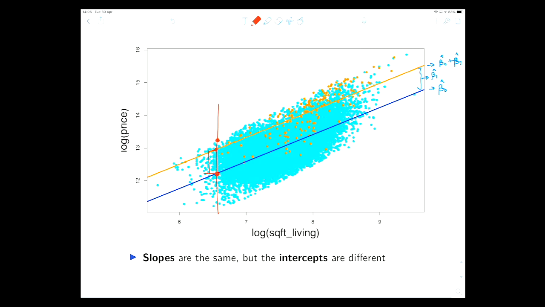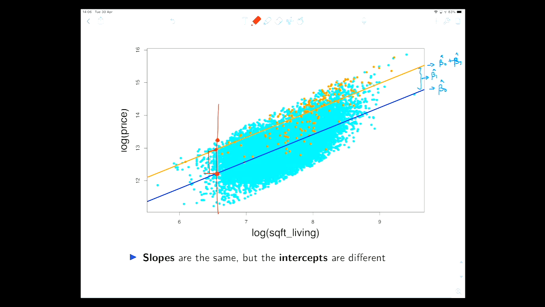And that's the effect of having a waterfront. Although they have the same living area, the waterfront house on average is still more expensive. That shows us that we've also controlled for the living area.